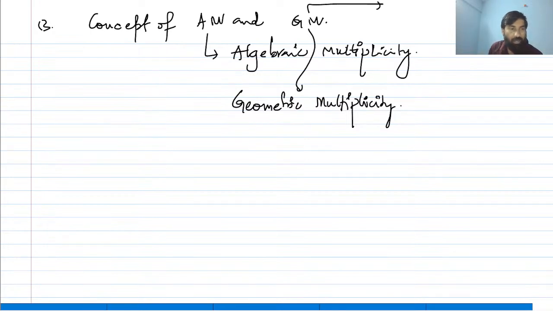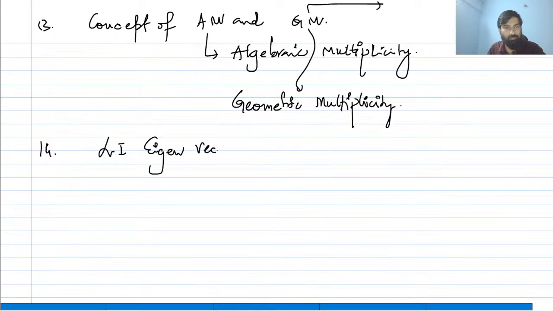If you know the concept of AM and GM, you can clearly tell how many linearly independent eigenvectors there are. You can calculate the number of linearly independent eigenvectors.